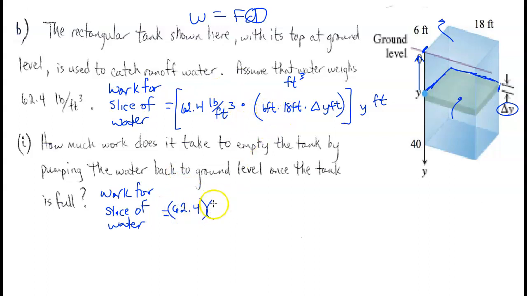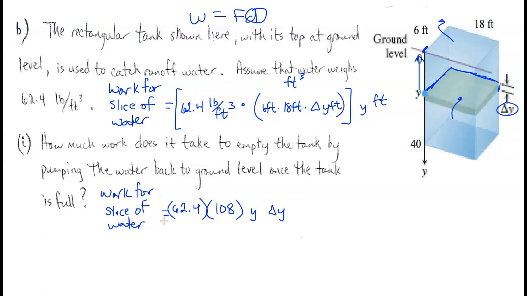I know 6 times 18 is 108, so we're going to do that. And I know that I have this delta y here and I have this y, so I'm just going to say y times delta y here. And that's going to be the work that's going to be involved in taking that one slice of water and pumping it out of that tank.